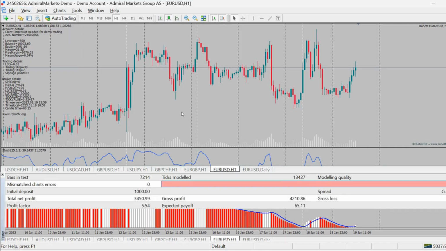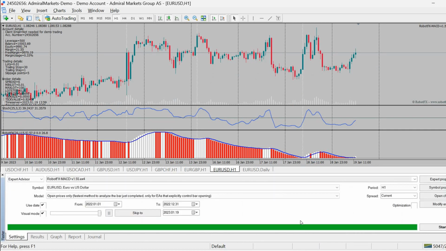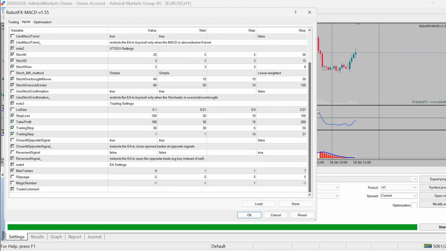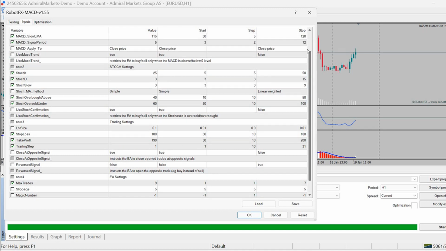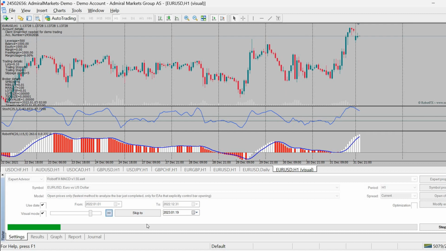The demonstration doesn't prove profitability in any way, because we are testing for functionality and not profitability. However, it will show you how the Expert Advisor works, how it thinks, its trades. These are the settings that I'm using for 2022. Nothing special. And let's see what it does.